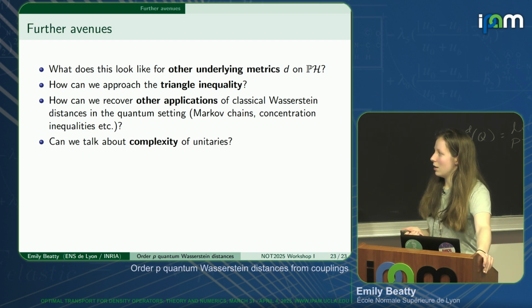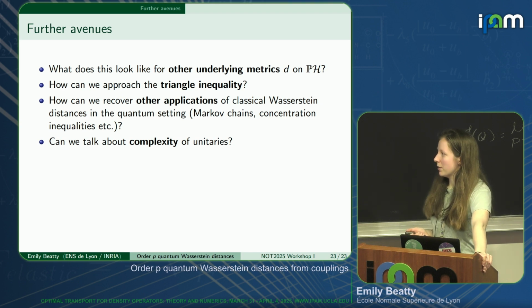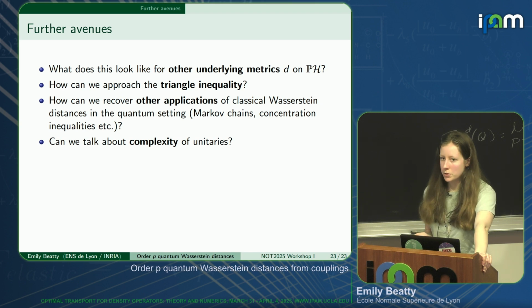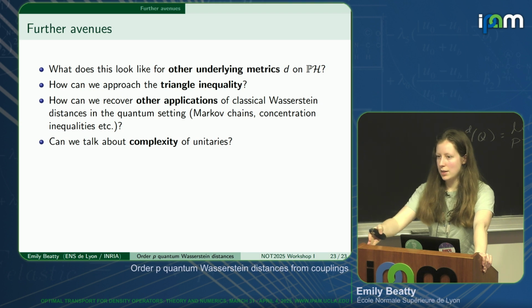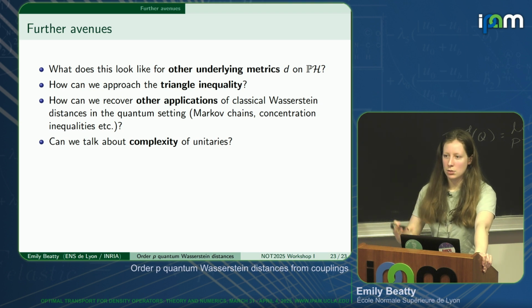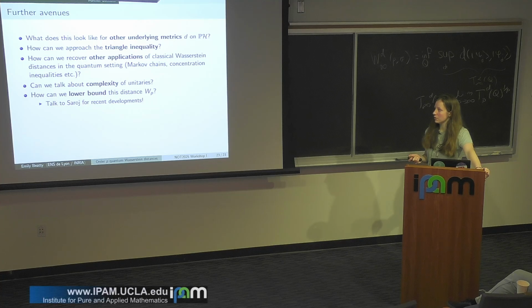Some of the work based on the quantum Wasserstein distance of order 1 for the Hamming distance allows you to talk about the complexity of unitary operations, but because that distance is linear in the number of qubits, you can only really talk about shallow depth circuits in a meaningful way. Can we use this construction to extend those results to generic quantum circuits?